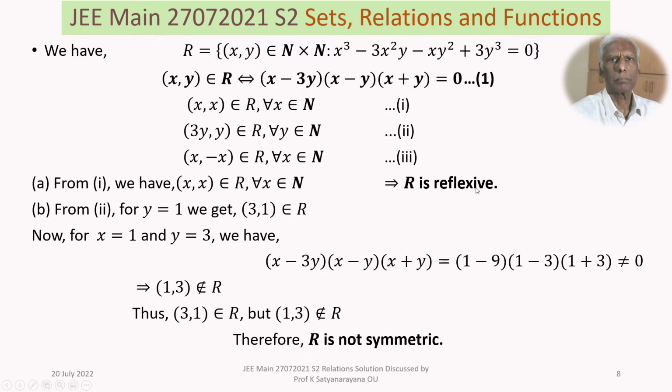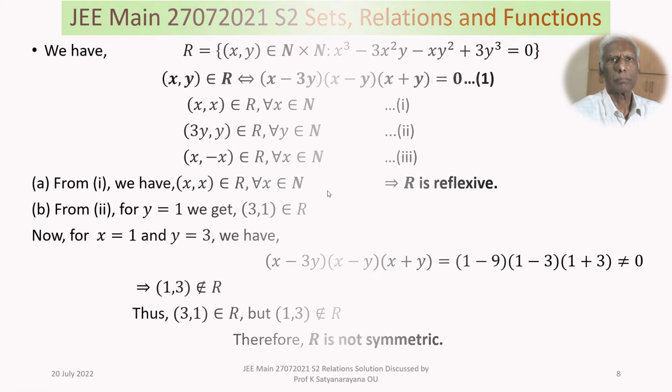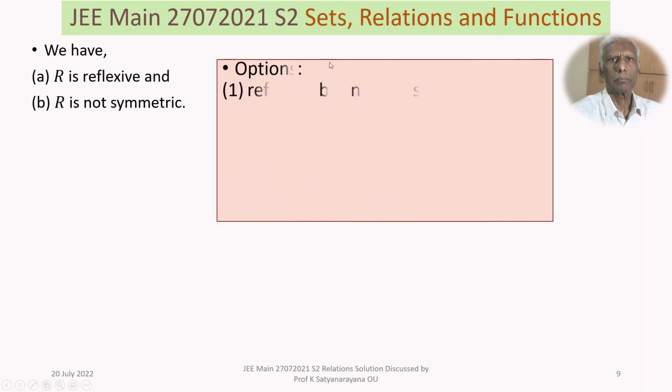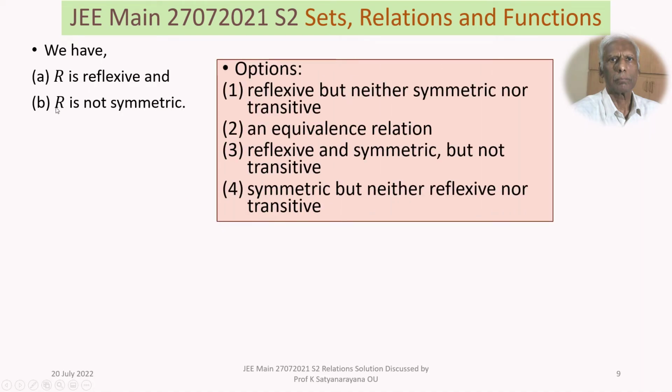And R is reflexive, R is not symmetric. With these two, we can eliminate some of the options and we can get the answer like this. And because R is not symmetric, option 2, that is, it is not an equivalence relation.